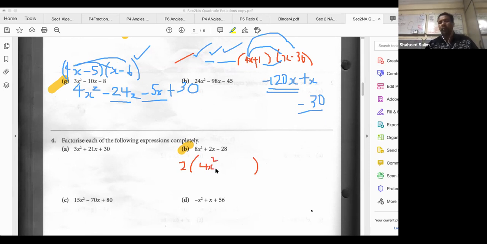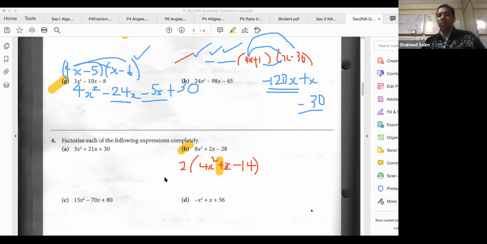This one is for all that can be divided. Then plus x. Then 28 divided by 2, you get 14. Can you see? I can now take out a number, all of them you can divide by, and now I cannot divide further.